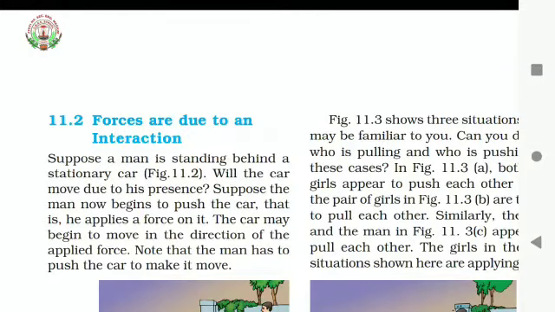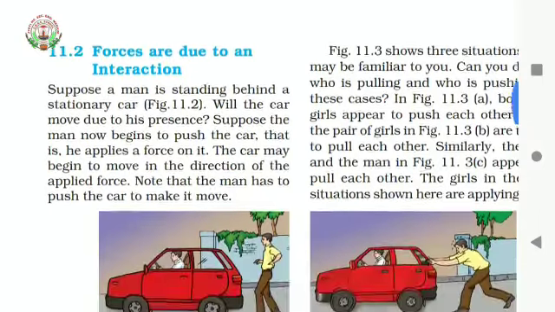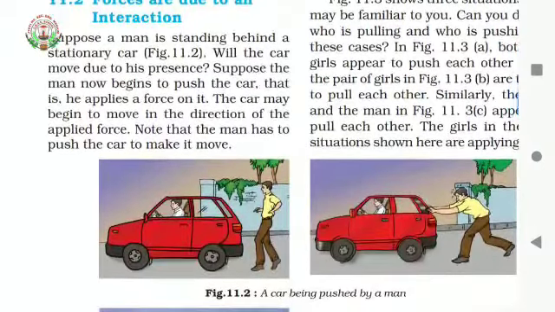Our next topic is forces are due to an interaction. Suppose a man is standing behind a stationary car. See the figure. Will the car move due to his presence? No, not at all.